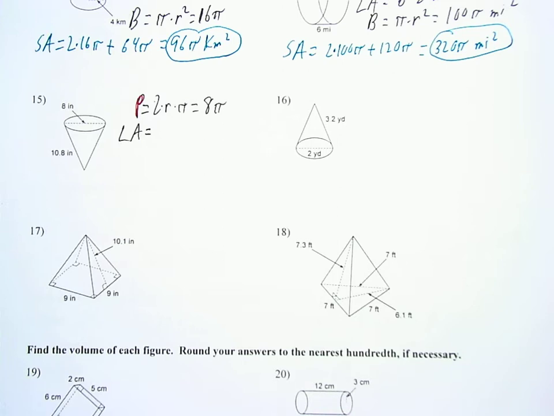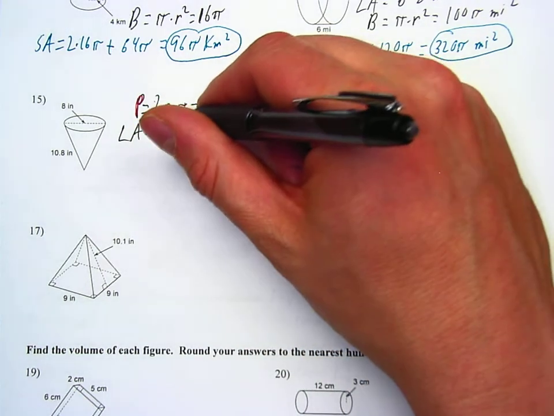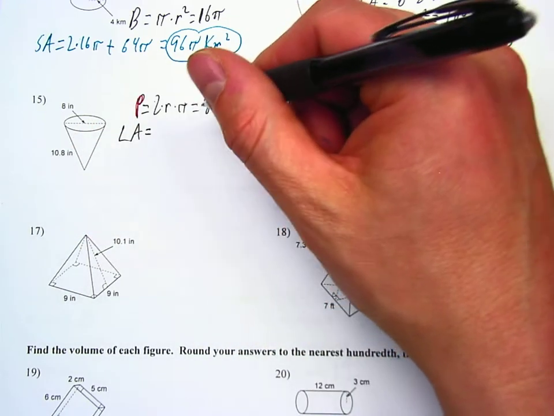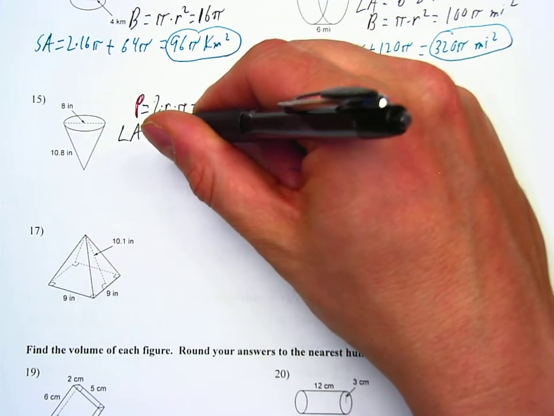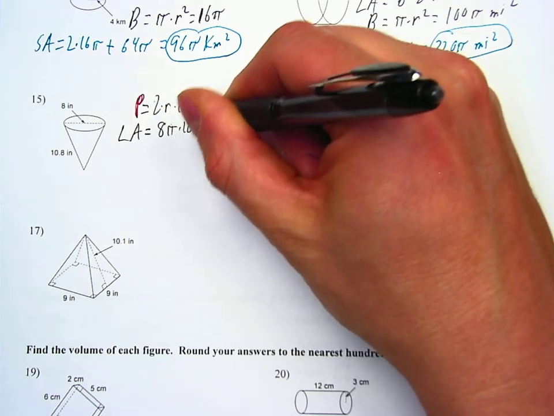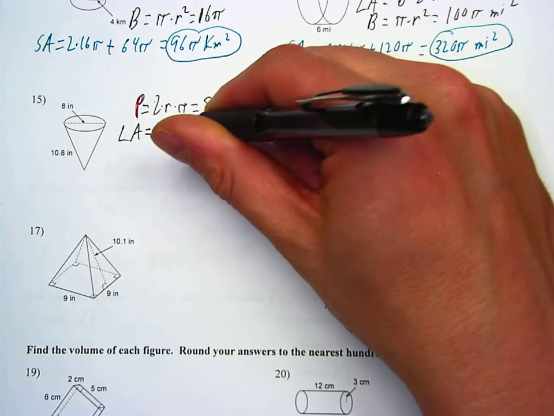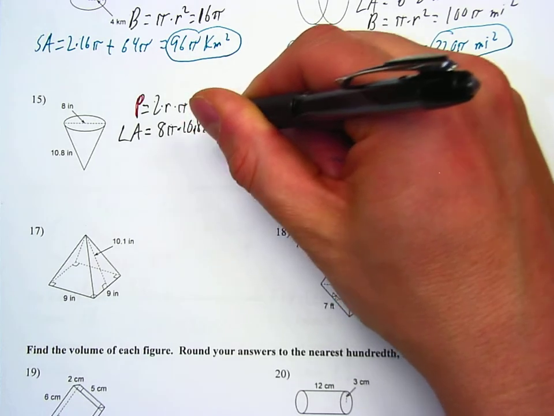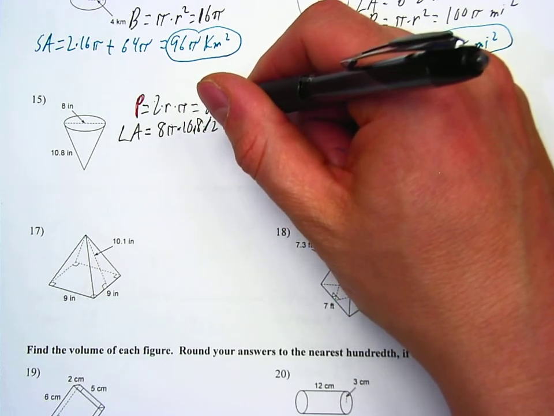Now when we do the lateral area of a cone, we actually divide that by 2 because we don't want double that length around it when we do it in a cone. We only want half of it. So I'm going to take this 8 pi, and I'm going to multiply it by the 10.8, but I'm actually going to divide that by 2. And again, I'm dividing that by 2 because it's a cone instead of a full cylinder.